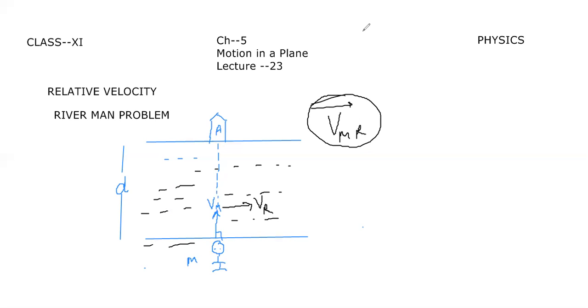Case number one: the traveler covers the distance in minimum time.